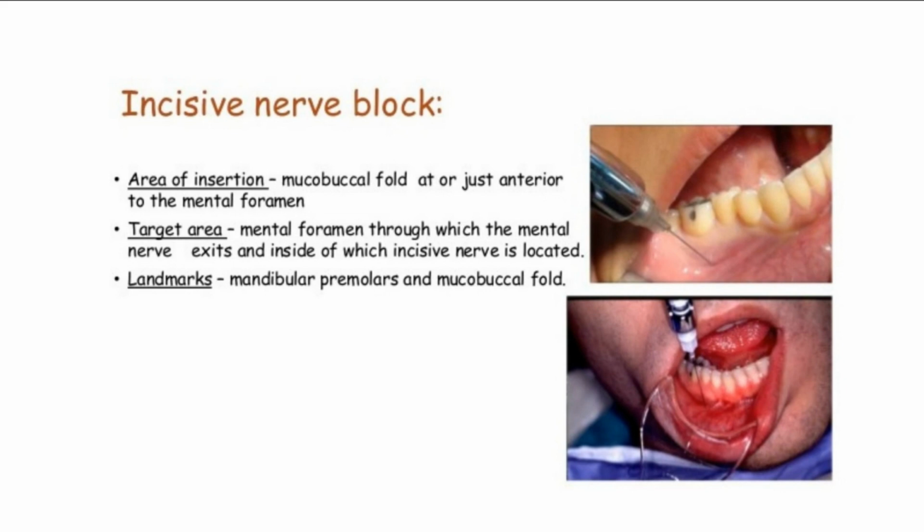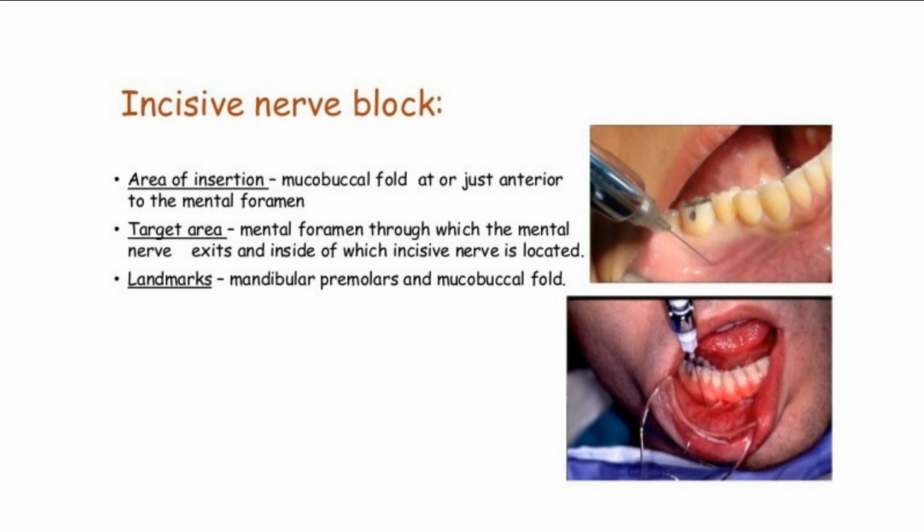Okay. So incisive nerve, where are you going to enter? The mucobuccal fold at the mental foramen. You can feel the mental foramen, by the way. You can try to feel it. Otherwise, you will go the same way as we did with the mental nerve block.